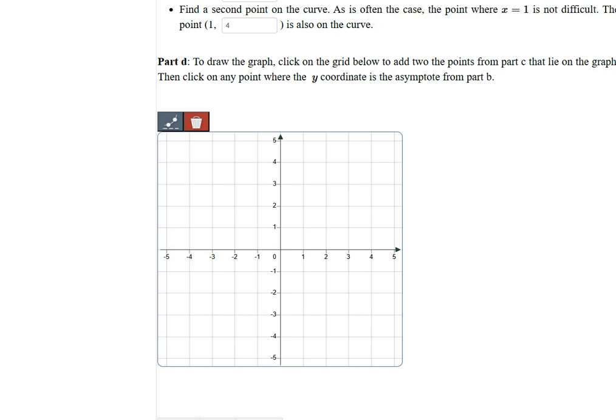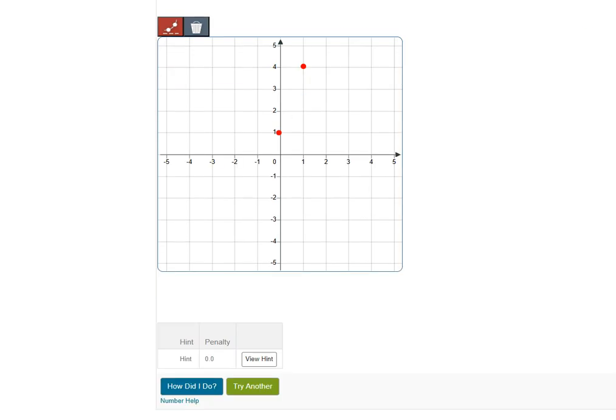Nope, it's not doing it. 0, 1, and then 1, 4. And now click on that. I don't know. Hang on. Now what? Ah, okay.